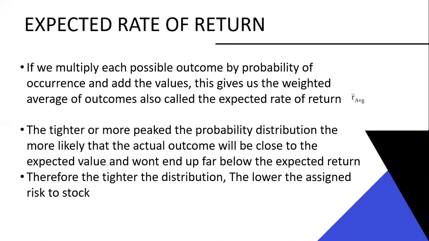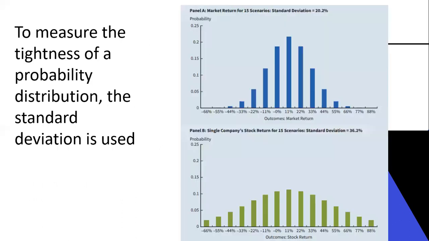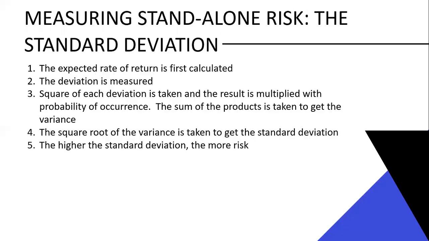Now, if we have to calculate the expected rate of return, we have to multiply each possible outcome by the probability of its occurrence and add the values. This gives us the weighted average of outcomes, also known as the expected rate of return. So let's see if there's an example.